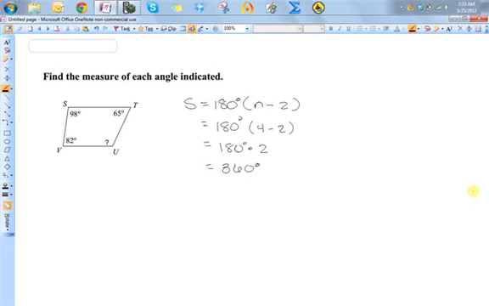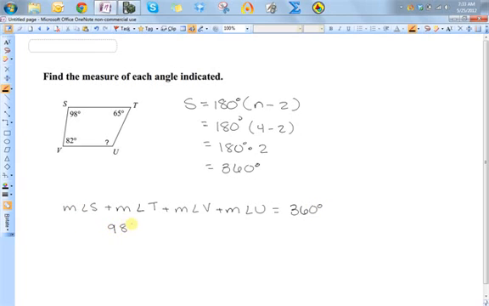Okay, so I know that if I add the measure of angle S plus the measure of angle T plus the measure of angle V plus the measure of angle U, I should get 360 degrees. So let's just substitute these values in. So 98 degrees plus 65 degrees plus 82 degrees plus the measure of angle U equals 360.